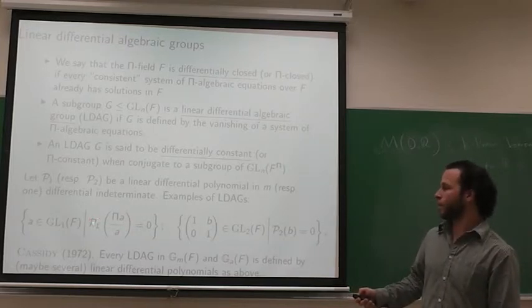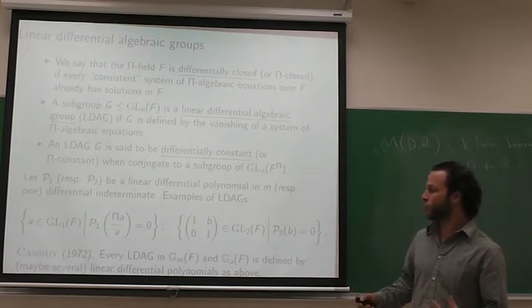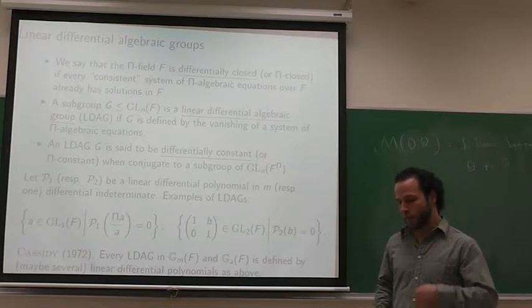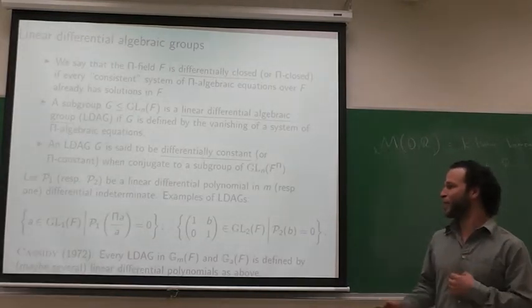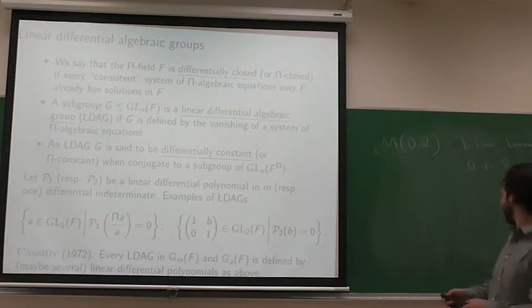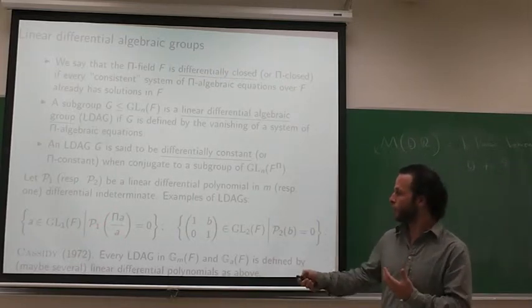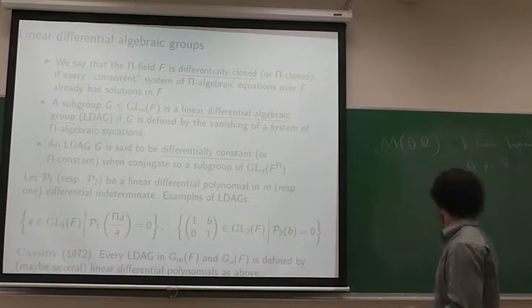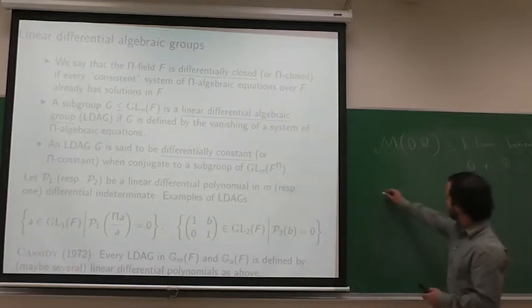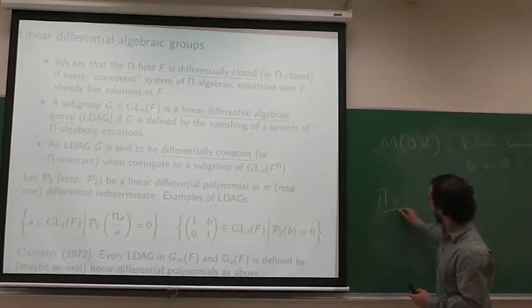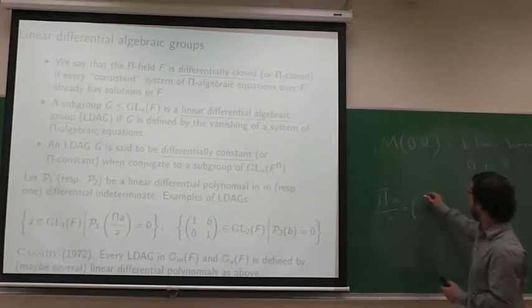Any linear differential operator, sorry, I should say. So if you write down the condition that you want that operator to kill the pi logarithmic derivative of A, I should have written this before, but by pi A over A, I simply mean this tuple.